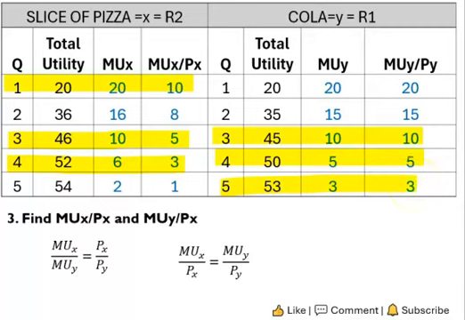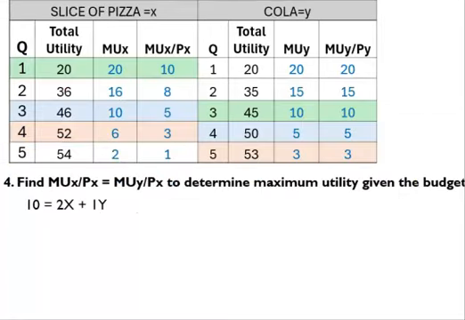So we have 3 possibilities where utility can be maximized. Let us go back now to the budget line and plug in the quantities to see if the boy can maximize utility given his budget. We know that the budget is 10 equals 2x plus 1y.